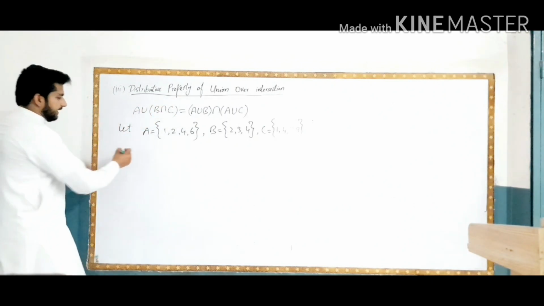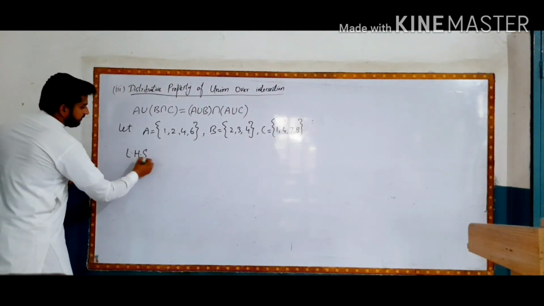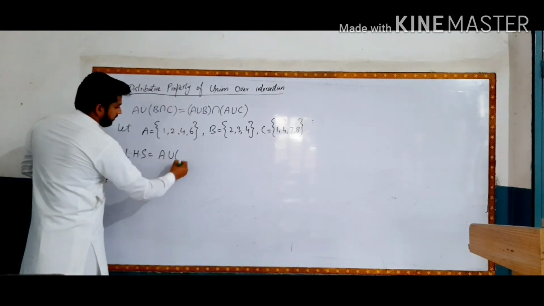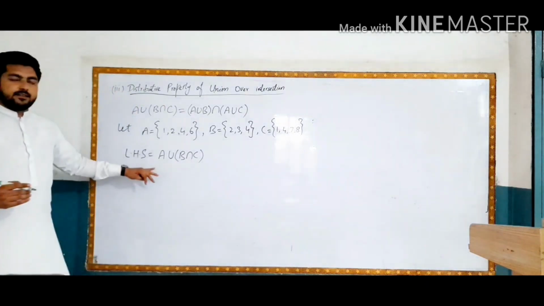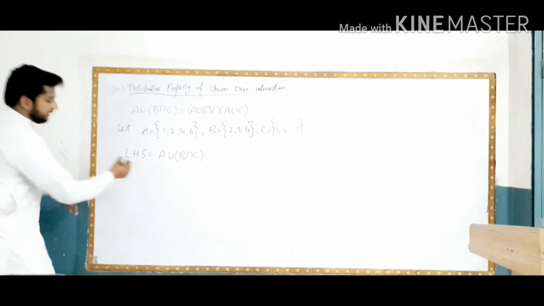So first of all take the left hand side, which is equal to A union (B intersection C). So write these sets as they are in the mathematical form.